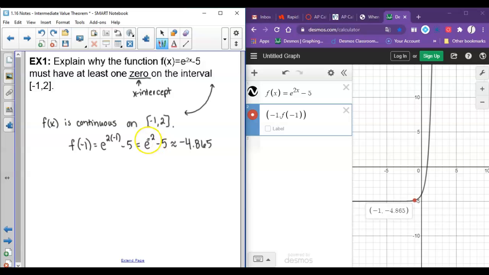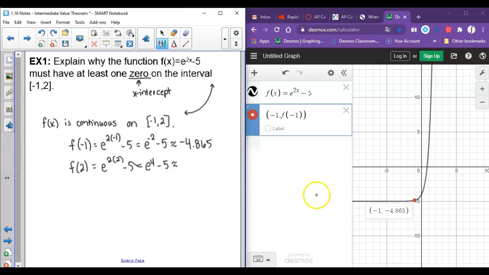I may need to know how to do this without a calculator, but I think it helps to see what we're doing here. Alright. And so our other endpoint that we need to know is f of 2. So if we plug 2 into this equation, e to the 2 times 2 minus 5 is going to give us e to the 4th minus 5.